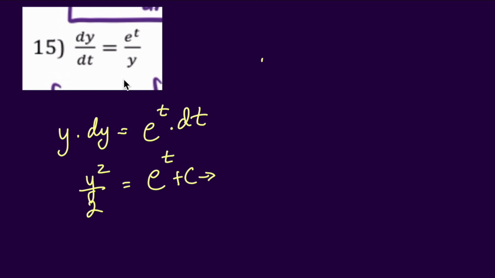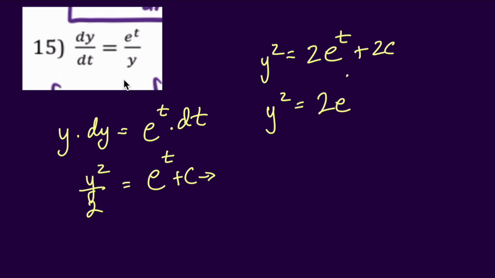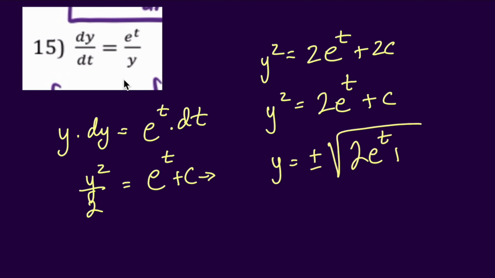Next, we're going to multiply both sides by 2. We have y squared equals 2e to the t plus 2c. And we're going to change that to y squared equals 2e to the t plus c. And then we're going to take the square root of both sides. And when we do that, we're going to add a plus minus. And that is your final answer.